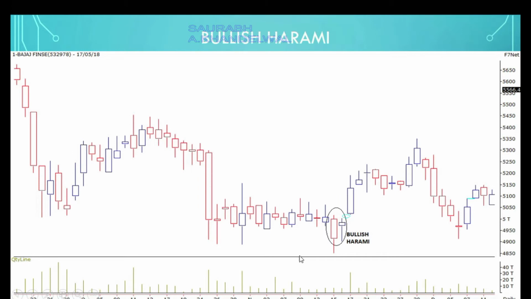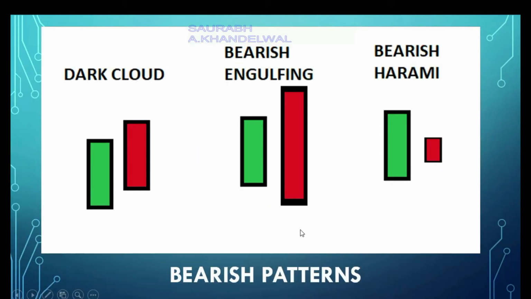This is a bullish harami pattern here. A big red body followed by a small white body, which is within the body of the previous candle. This is a bullish harami pattern, again signifying that bulls are back in control of the situation. All right, so let's proceed.